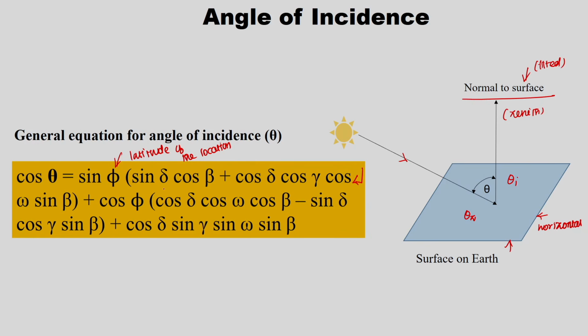So, delta is declination angle, beta is the tilt angle of the surface or slope, and gamma is surface azimuth angle.